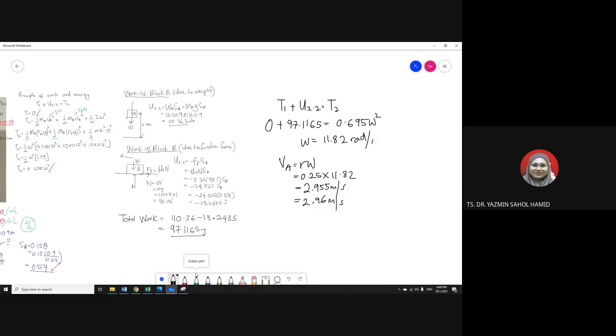So this question, if we look back at the question, it is 7 marks. So let's say you write the formula, 1 mark, you find this, 1 mark, this one 1 mark, 1 mark, and this one will be the answer.